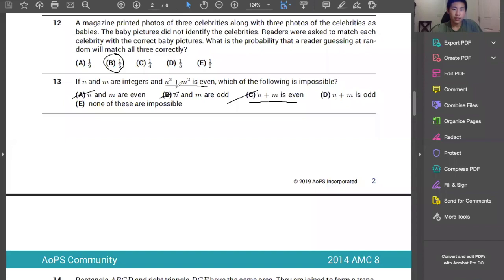But we've already said that they both have to be even or both of them have to be odd. So D is our answer, right? The sum of 2 evens or 2 odds cannot be odd. Obviously, it's not even, right? Just showed that one of them worked.